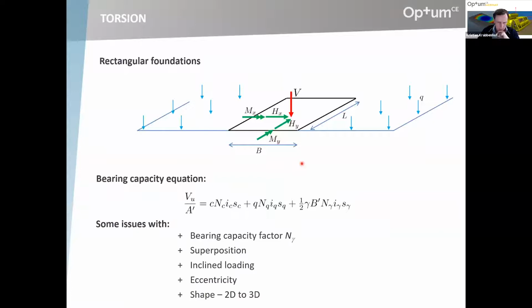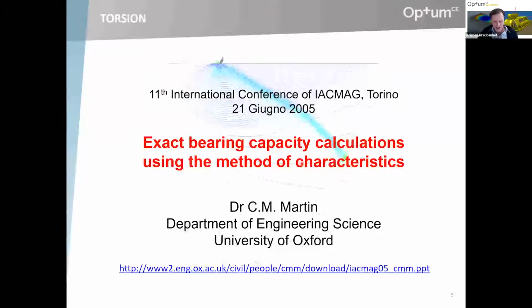There are some issues that I just wanted to raise again. The bearing capacity factor Nγ, first and foremost: I've said this more times than I can count, and I'll say it again, the exact Nγ is available. Chris Martin's Nγ from 2005 is really the one that should be used. That is very low-hanging fruit in terms of modifying the bearing capacity equation.